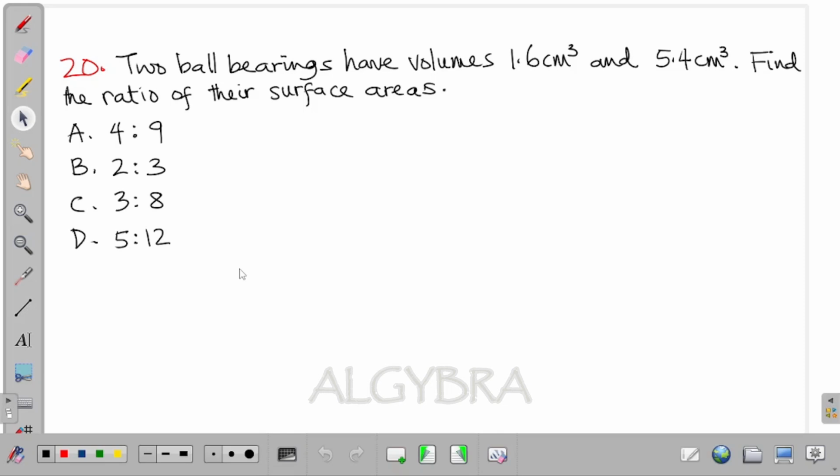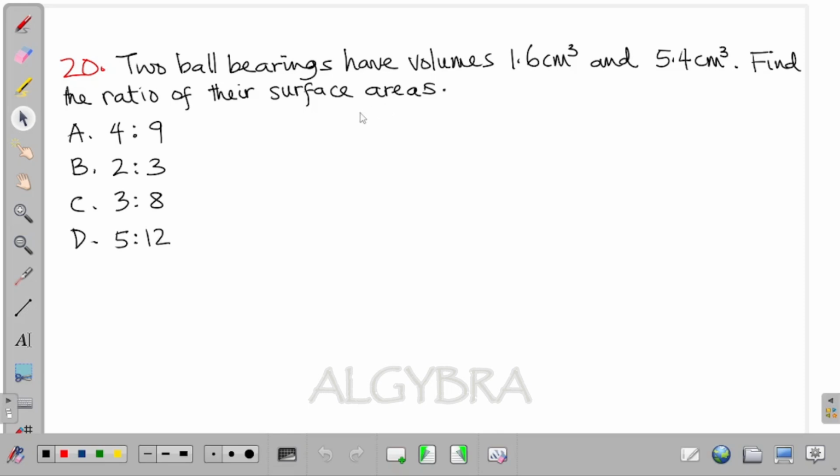One thing I want you to note here is that the first number in the ratio is always less than the higher number. In the first we have 4 and 9, 4 is less than 9. Second, 2 and 3. Third, 3 and 8. Fourth, 5 and 12. So we're talking about the smaller ball with respect to the bigger ball.